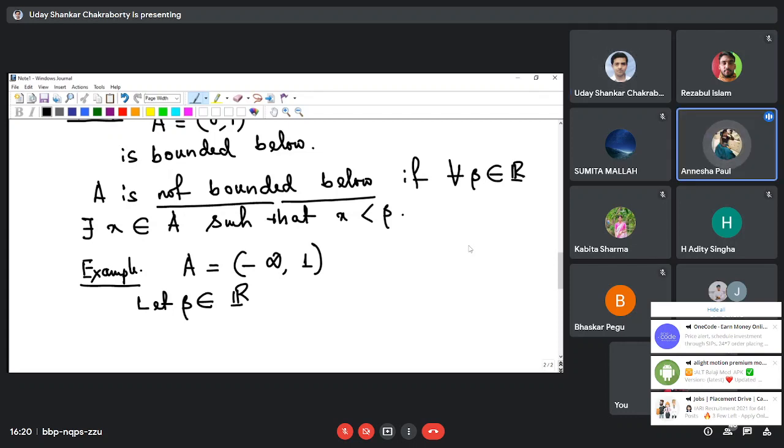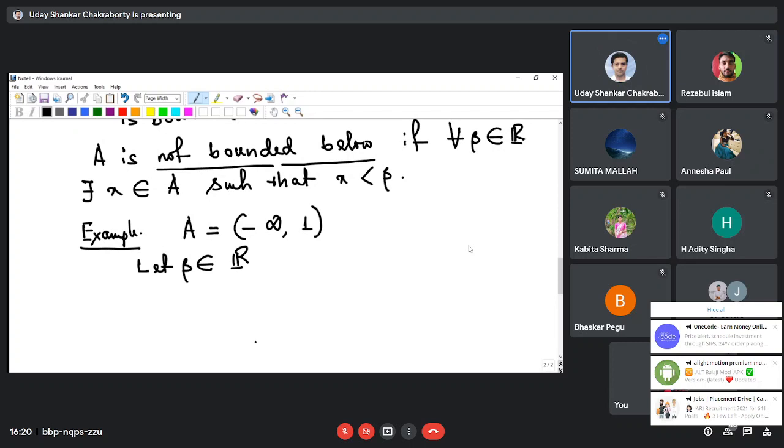Anesha? Sir, mod beta minus 1. Yeah, so she said mod of beta minus 1. But see the problem. You want to show that this should be strictly less than beta. Suppose beta equals minus 500. This is a real number.